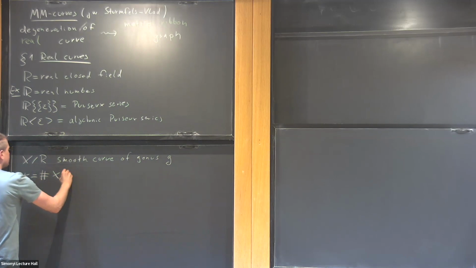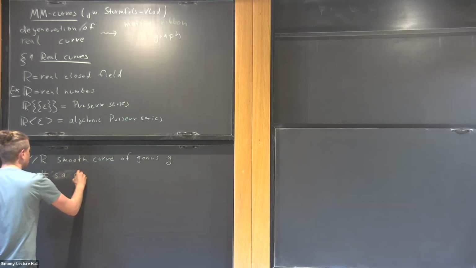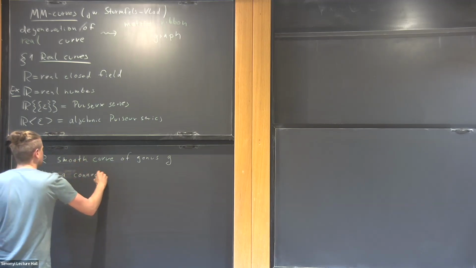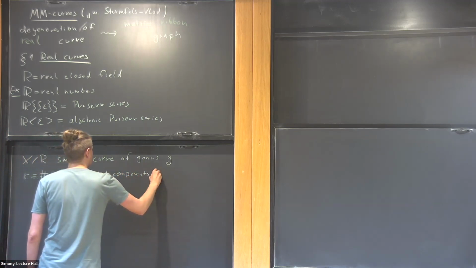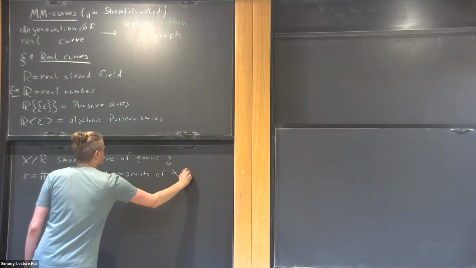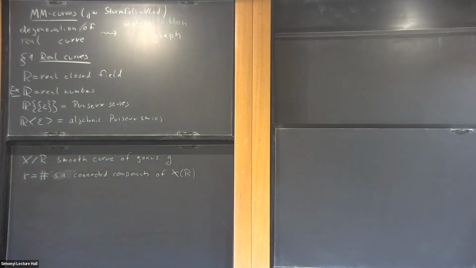For example, we can look at the number of semi-algebraic connected components of the real points. And there's one more, which is usually denoted by a.